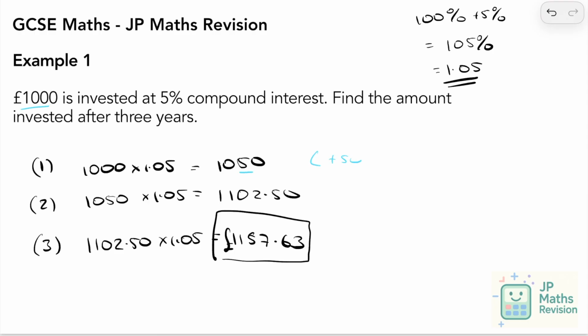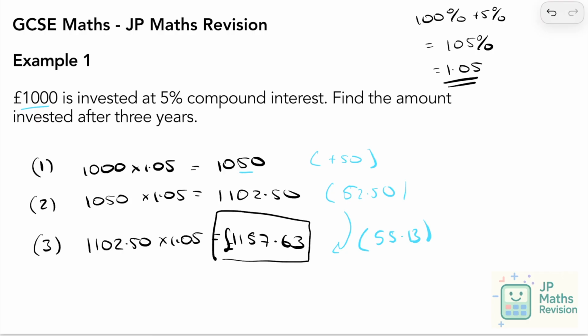So we gained £50. But then in the second year, it went from £1,050 to £1,102.50. So we actually gained £52.50. And then in the third year, we went from £1,102.50 to £1,157.63. So in the third year, our money actually grew by £55.13.